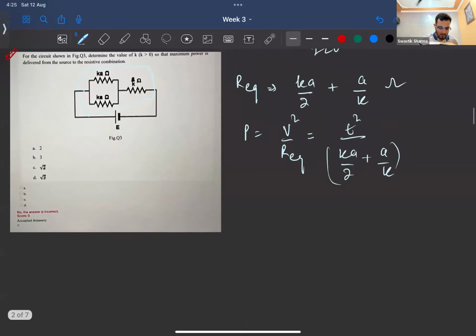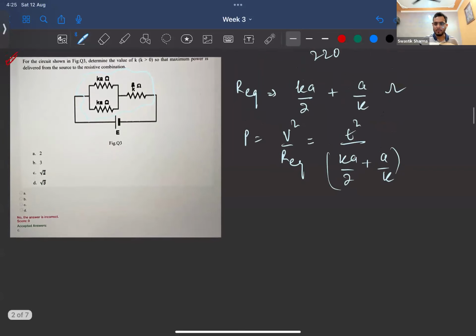Okay, so how will we solve this question? Now tell me, we need to find the maximum power. So what will we do? If anyone can tell me. We'll simply do differentiation with respect to K and equate it to 0. That's how we find the maximum value of a certain variable.